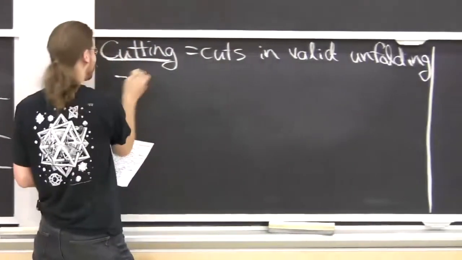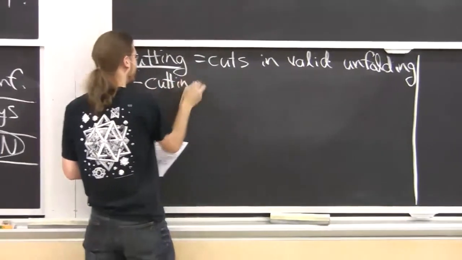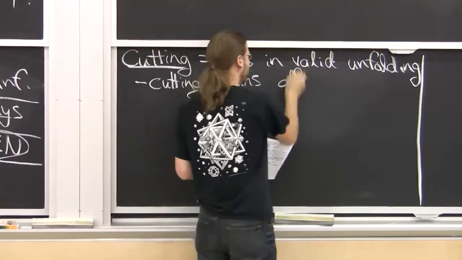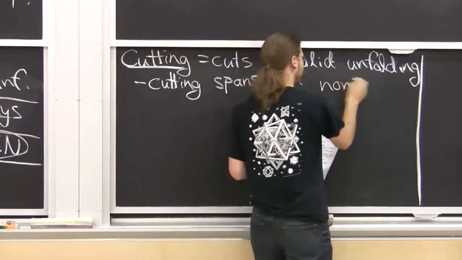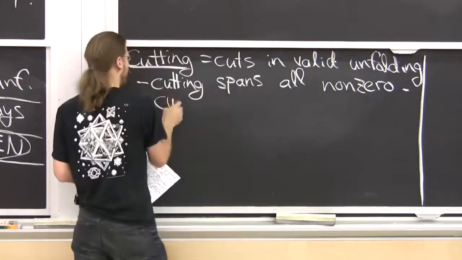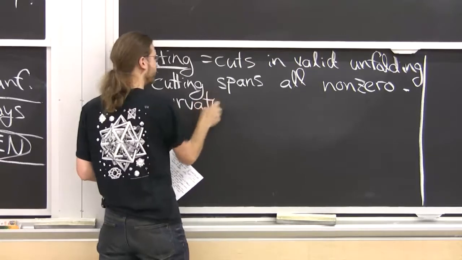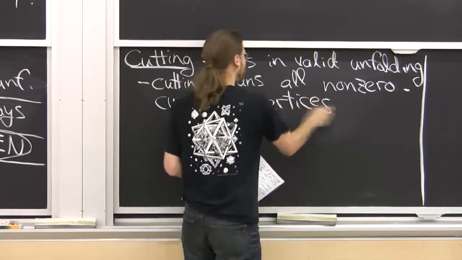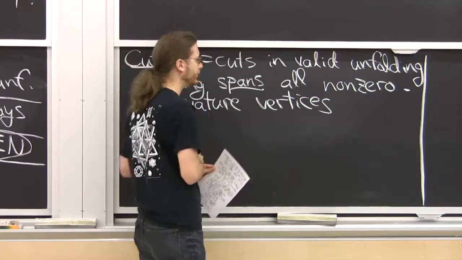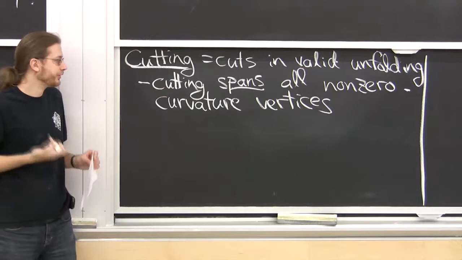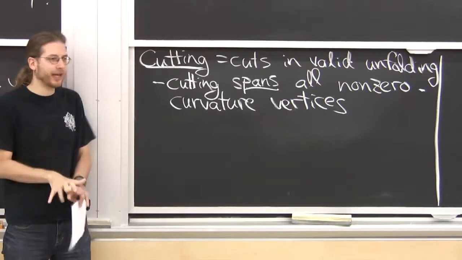One thing that is true is the cutting must span all non-zero curvature vertices. Spans just means visits. You have to hit all the vertices of non-zero curvature because anything of non-zero curvature can't be flattened by itself.